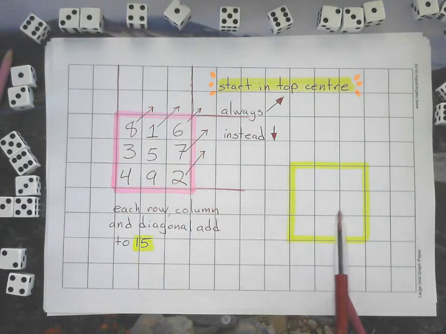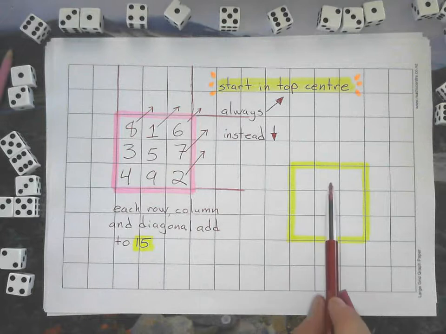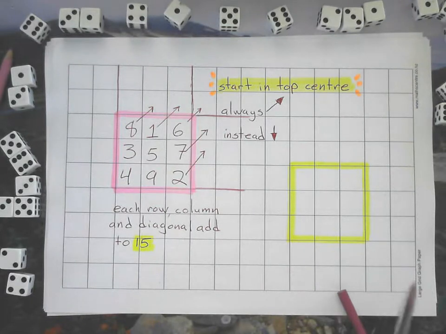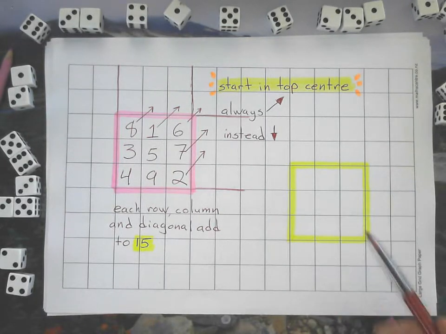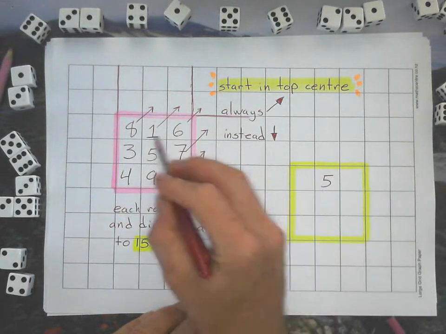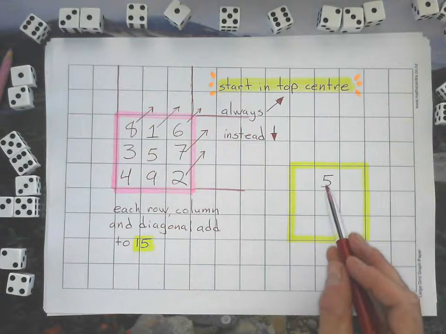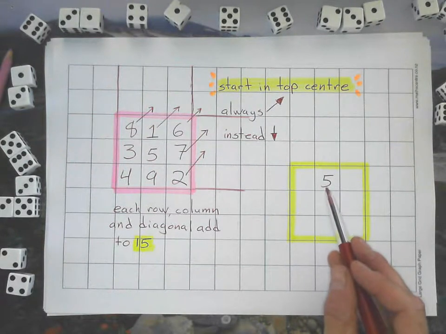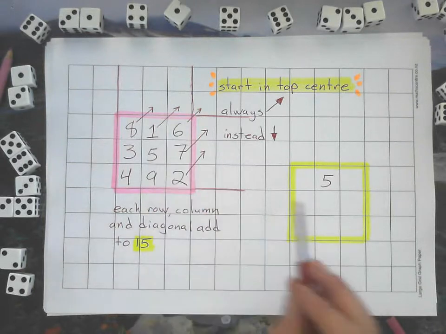Now what we'll do is we'll see what the sum is if we start with a different number. So over here, suppose we start with 5 instead of 1. So right now, we'll complete that using this same method here and see what we get.